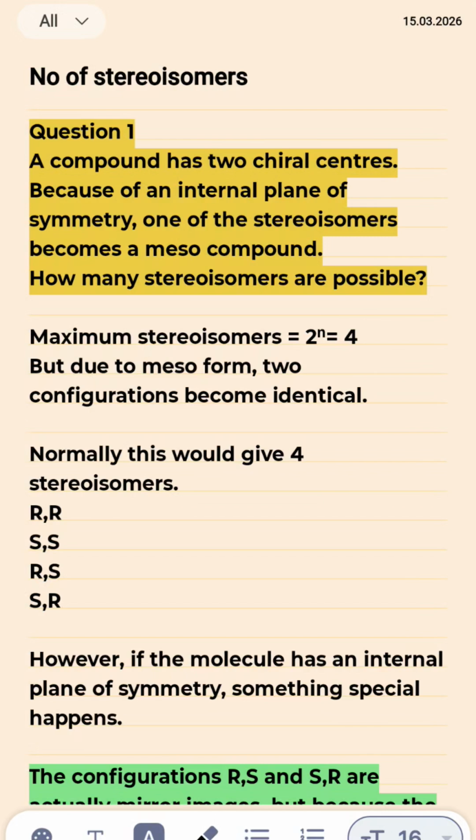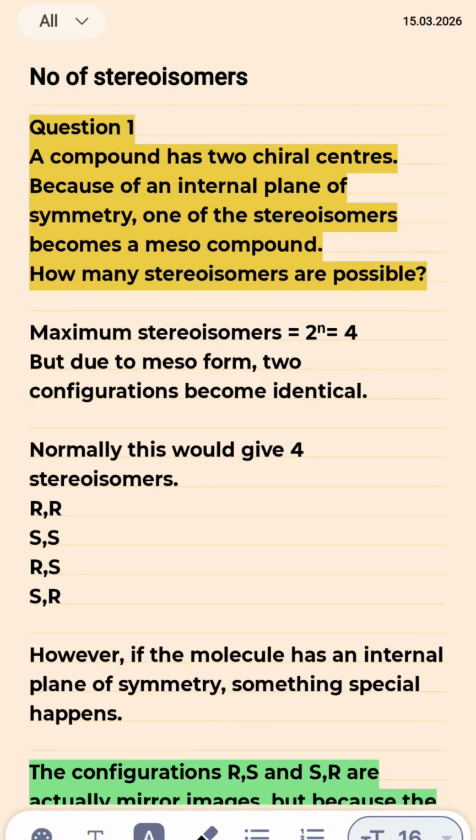Normally this would give rise to 4 stereoisomers. What are these 4 stereoisomers? They are RR, SS, RS and SR. What are these RR, SS?